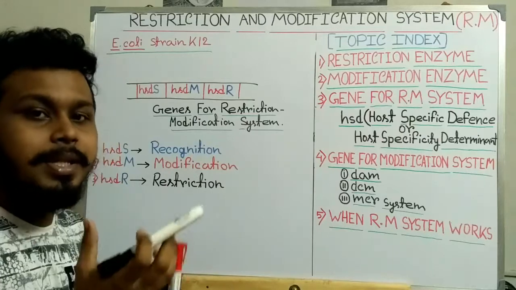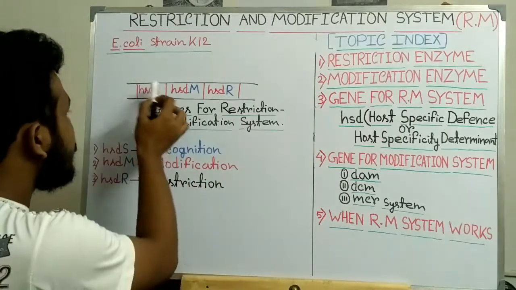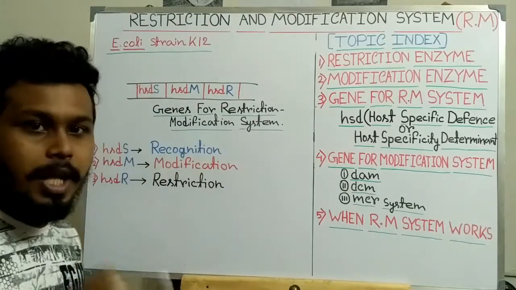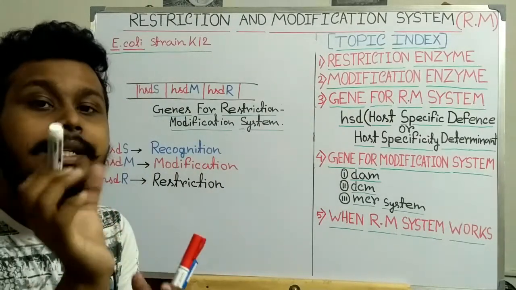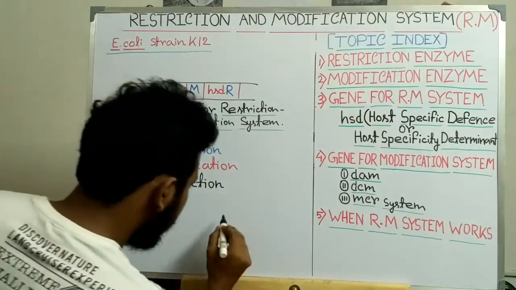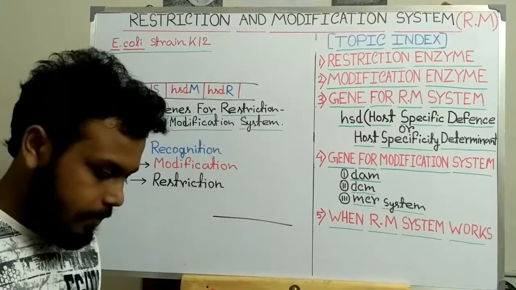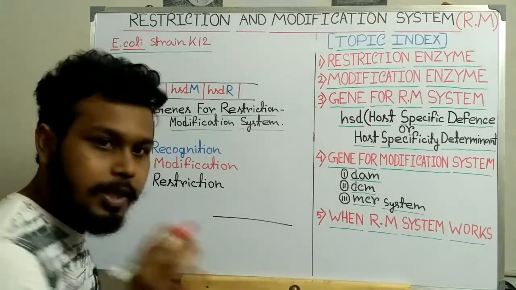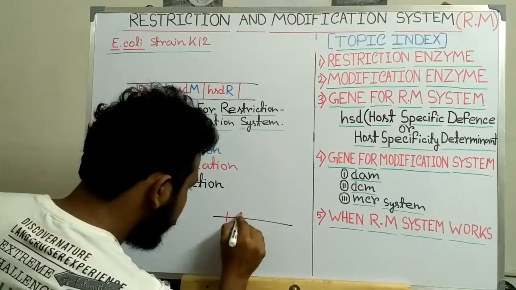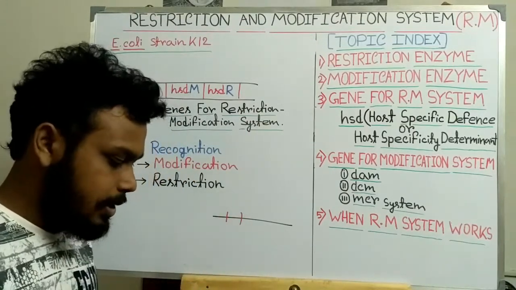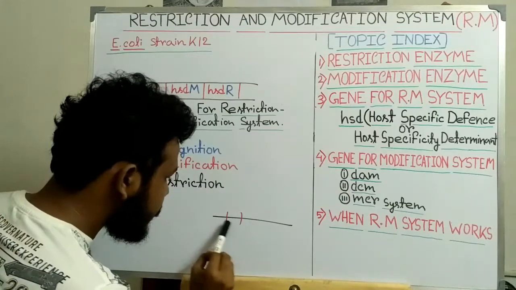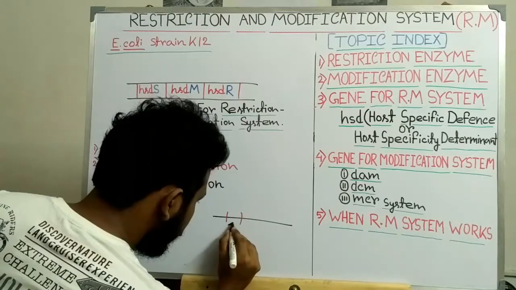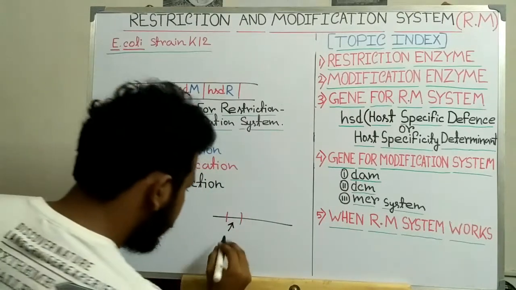gene products, that means the proteins produced by this HSDS gene, help to recognize the particular DNA sequence. So suppose this is a DNA and the HSD gene product particularly recognizes a DNA sequence in the DNA, and this particular DNA sequence is called the recognition site or restriction site.